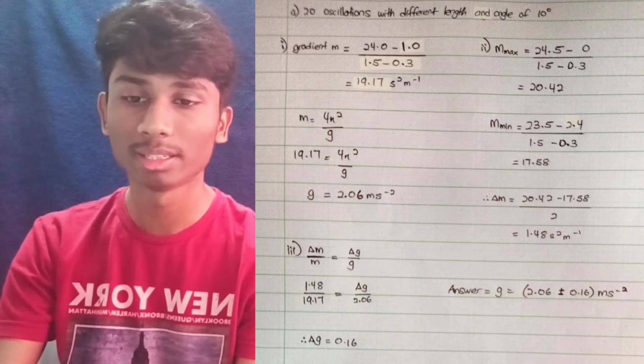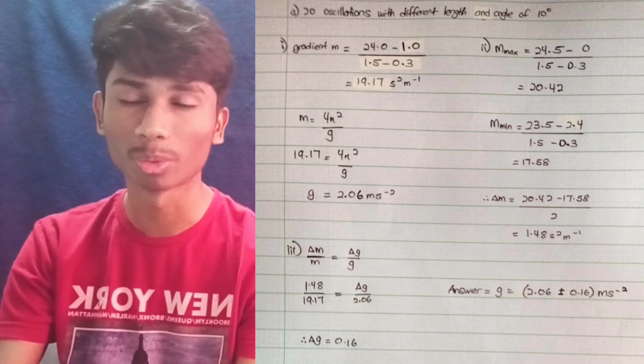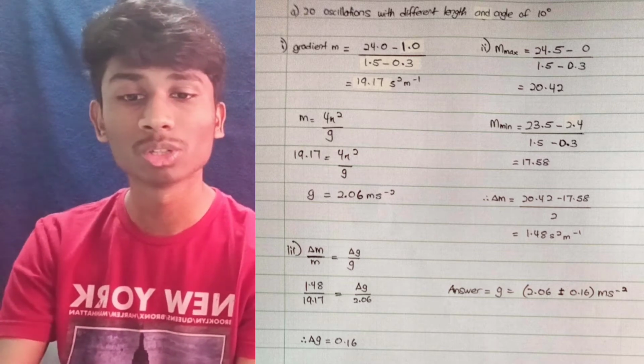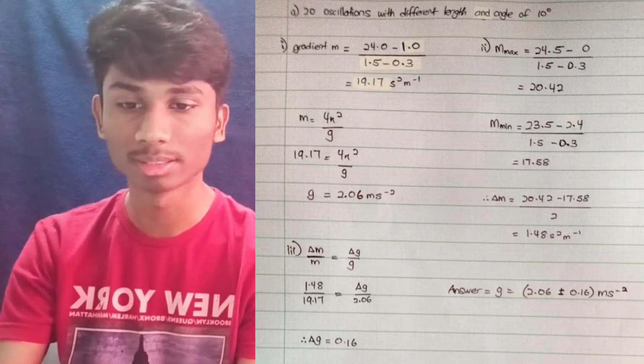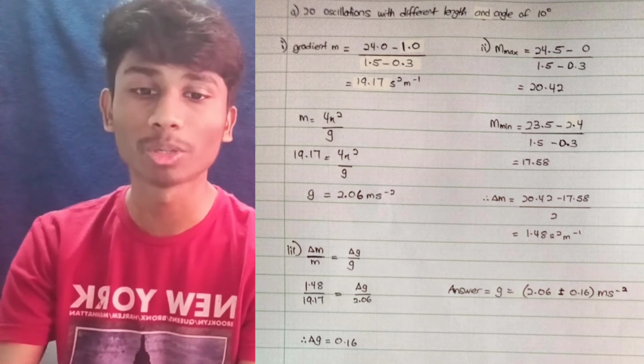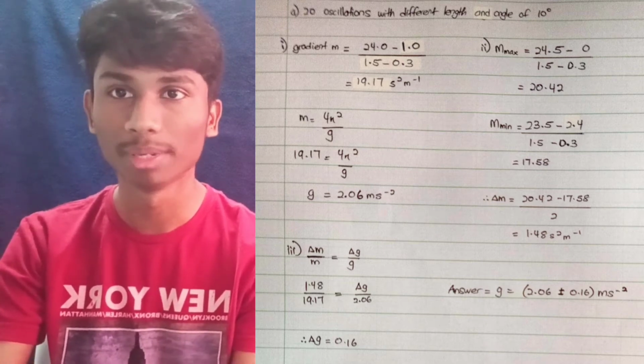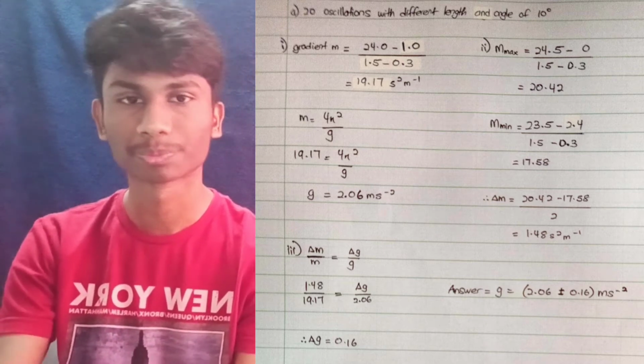So we will get the uncertainty of gravity, which is 0.16 in this experiment. Finally, we can answer that the acceleration due to gravity is 2.06 plus or minus 0.16 m s^-2 based on my experiment.